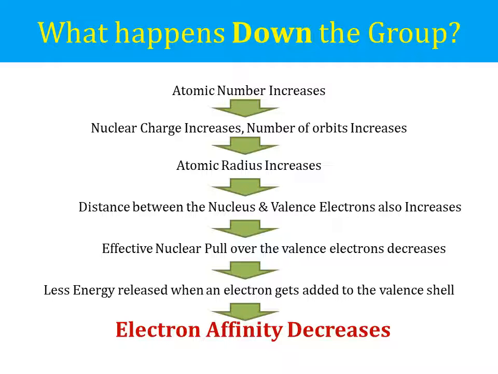Firstly, the electron was getting removed from the neutral atom, but now it's getting added to the same neutral atom. Will there be any difference? Suppose for example 50 joules of energy is required to remove an electron from the valence shell, then a huge amount of energy would not be required to add an electron to the valence shell.